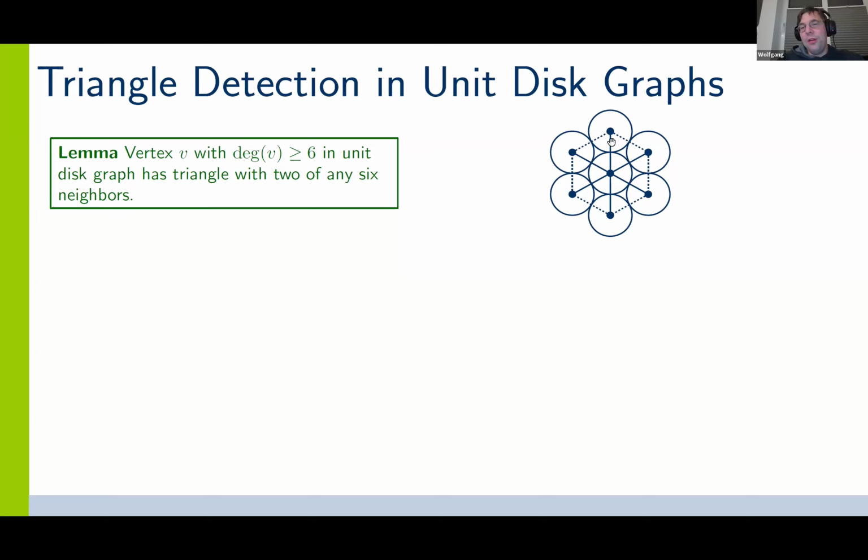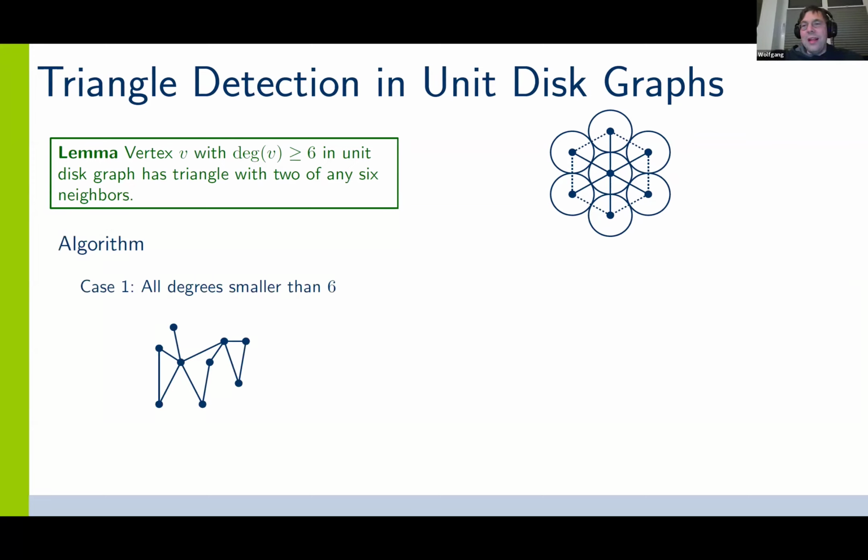And the way we define unit disk graphs, if the unit disks touch, then there's also an edge. So among any subset of exactly 6 neighbors, you will find a triangle with V. That's the geometric property that we need. That's very easy, I think everybody knows that.